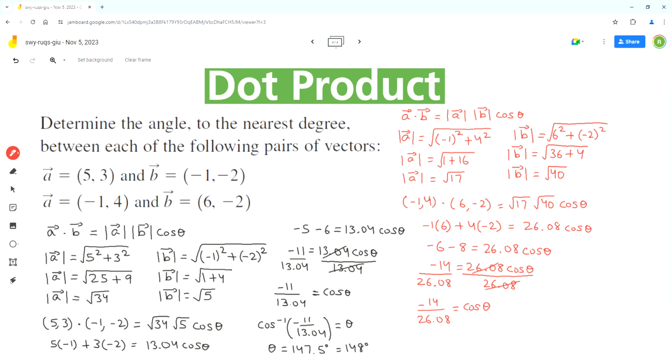Now we can do the inverse of cos. Now we can evaluate this expression in the calculator.